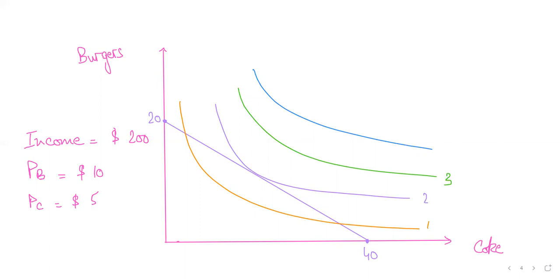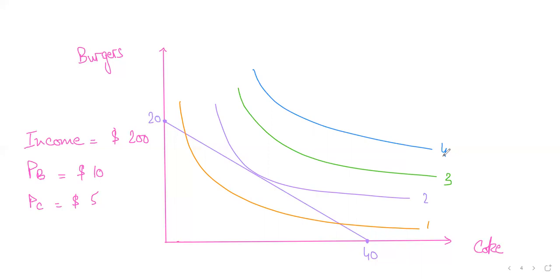Okay. Now, students, which of these 4 indifference curves would a consumer prefer to operate on? What do you think? Would a consumer want to operate on 1, 2, 3, or 4?